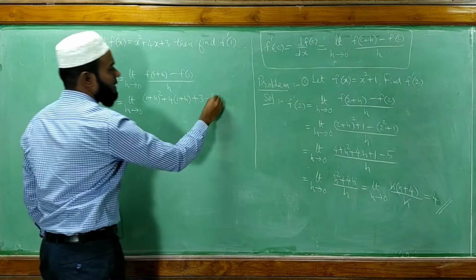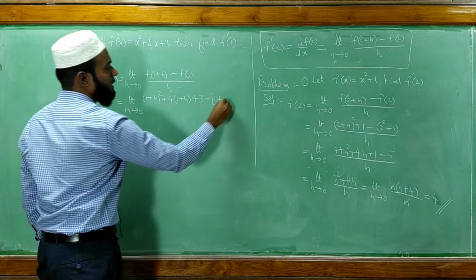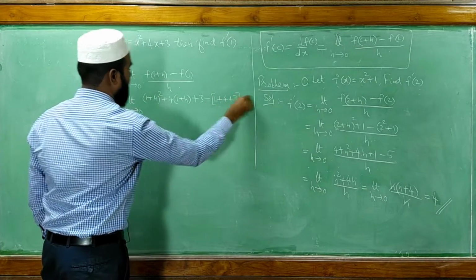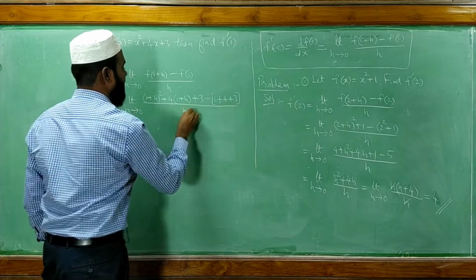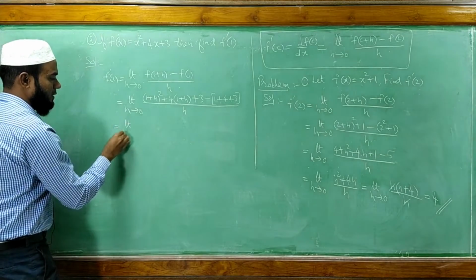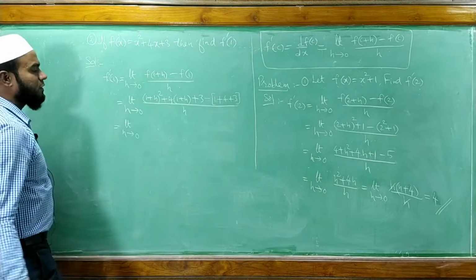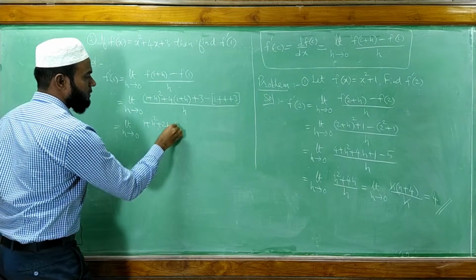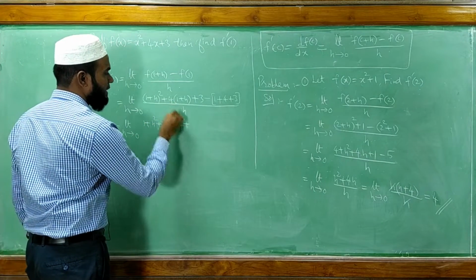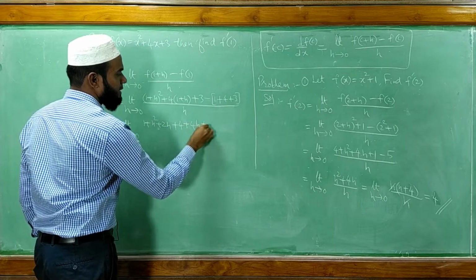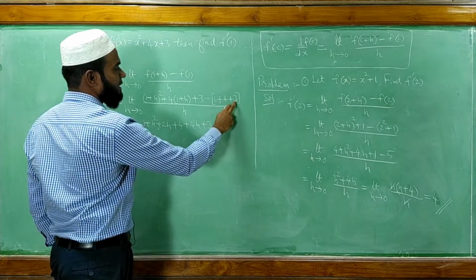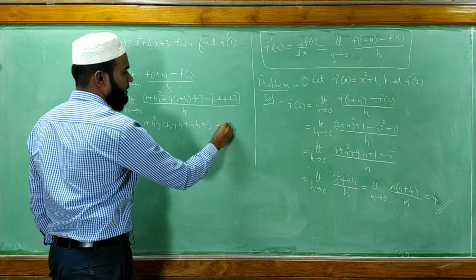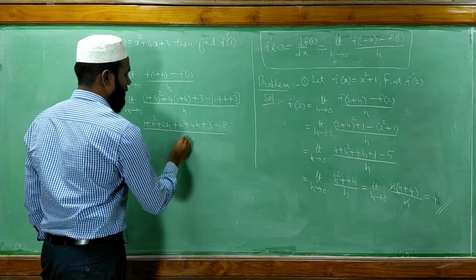So 1 square, that is 1 only, plus 4 into 1 is 4 plus 3. Right? This is divided by h. Further, limit h goes to 0. Simplify this. 1 plus h square plus 2h plus 4 plus 4h plus 3 minus 4 plus 3, 7, 7 plus 1, 8. This is divided by h.